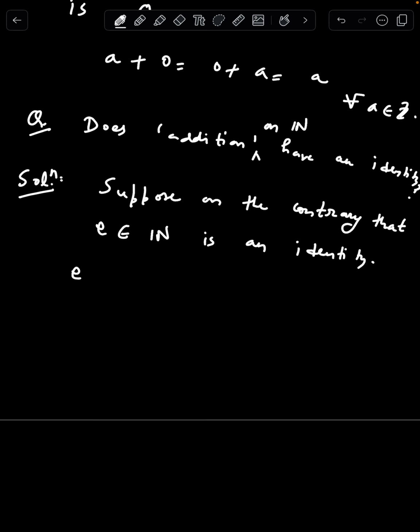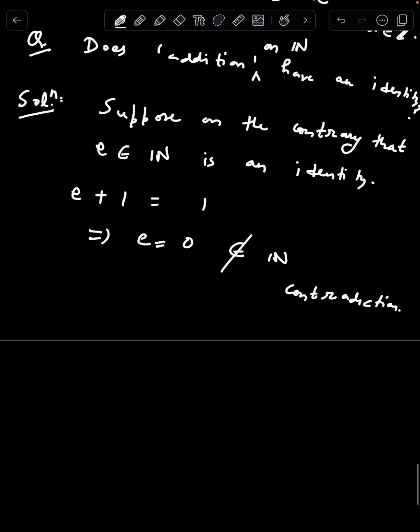Then what should be E plus 1? E plus 1 should be equal to 1. But if you solve it, you get E equal to 0. But 0 is not inside N, right? And that's a contradiction. Okay. So the answer is no.